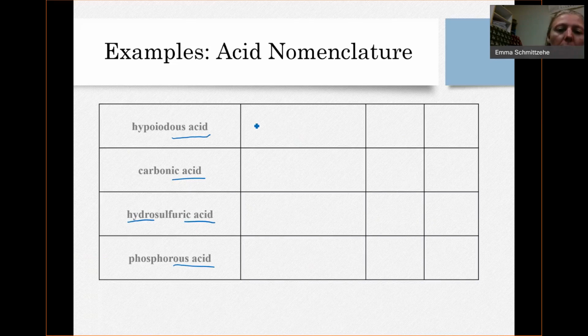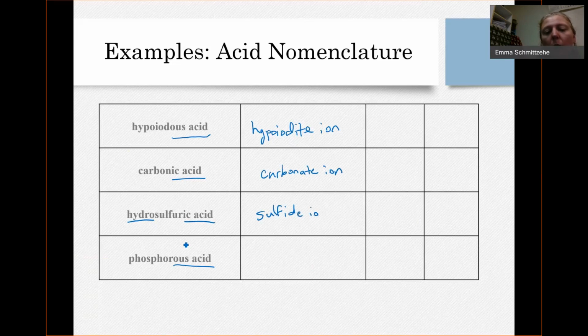So the first one, we would have hypoiodite ion. And then this would be carbonate ion because the ic is ate. And then hydro-ic turns into ide, so that would be sulfide ion.